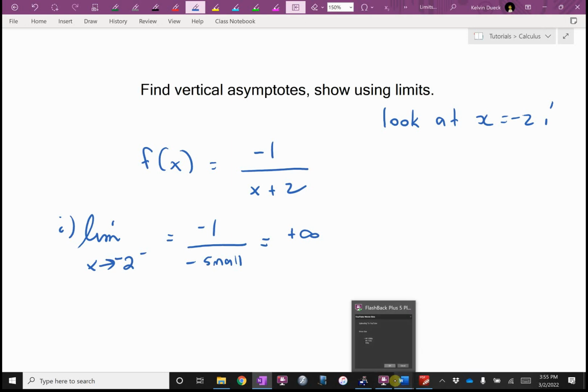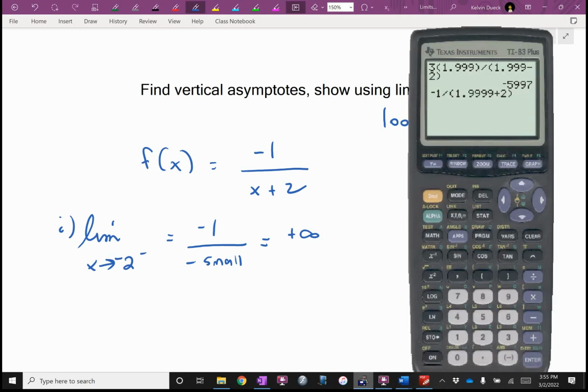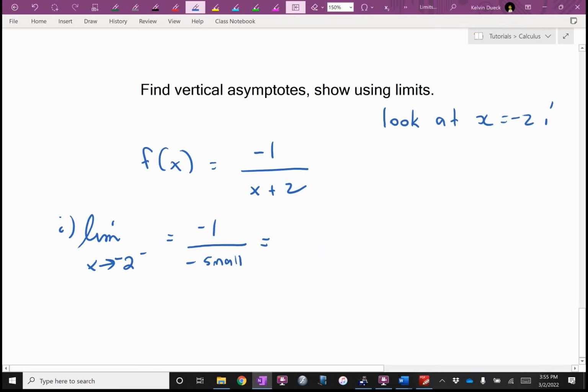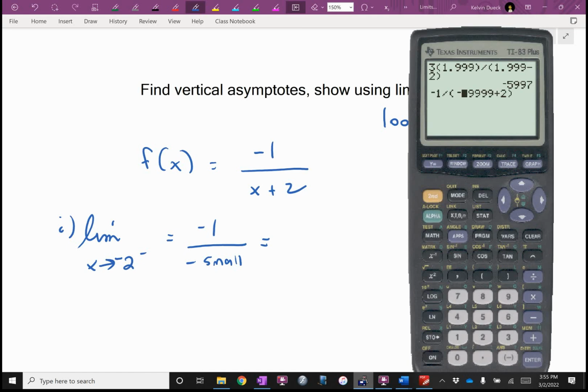So we would go like this, Mr. Dewick. We would go negative. Oh, from the left? What's just to the left of -2? Not negative 1.99999, but what? Yeah, boy, did I really botch this for you folks. Negative 2.0001, and then plus 2.